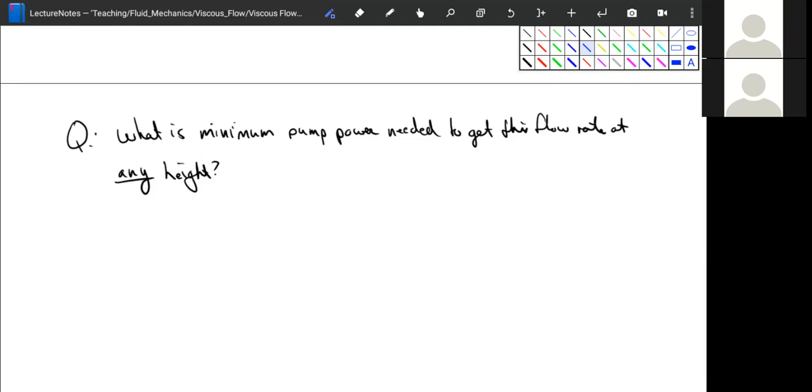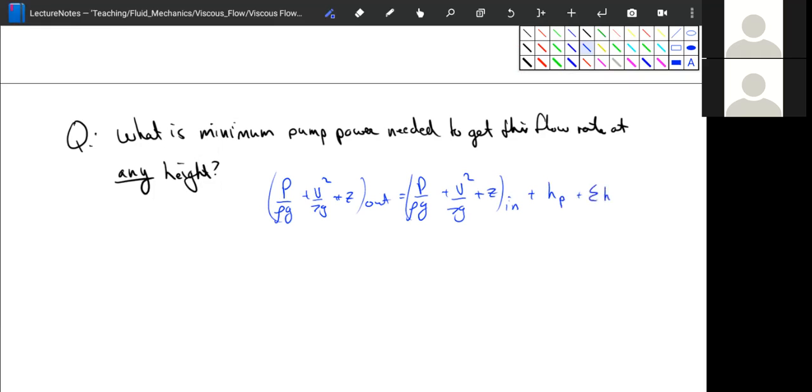To do that, we would go back to our equation, which was P over rho g plus V squared over 2g plus Z out equal to P over rho g plus V squared over 2g plus Z in plus H pump plus the sum of our H losses. So our flow rate hasn't changed, which means our velocity hasn't changed, which means our head losses are the same as before. Again, we can keep using the same assumptions as before.